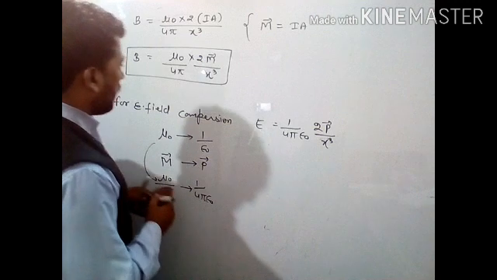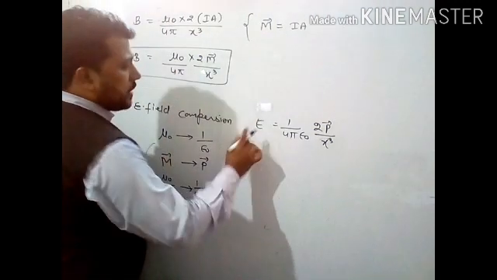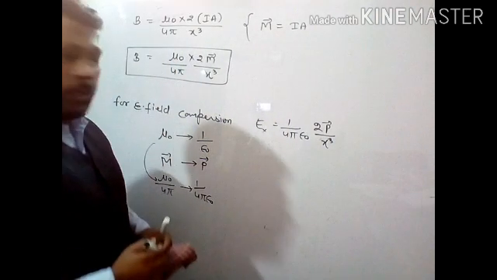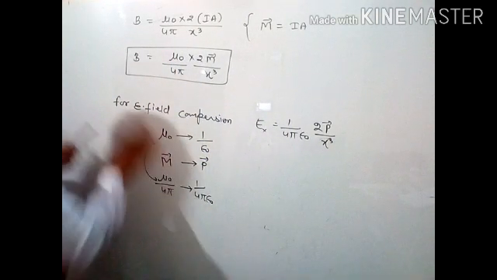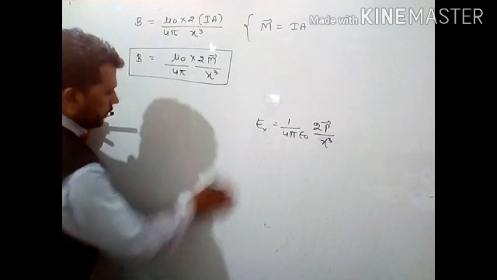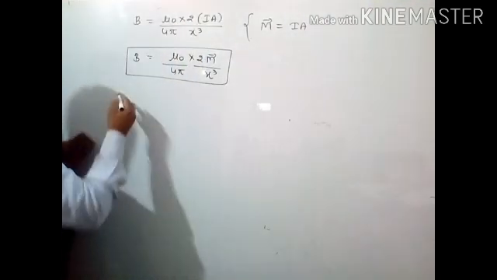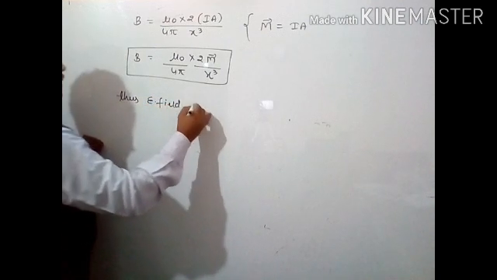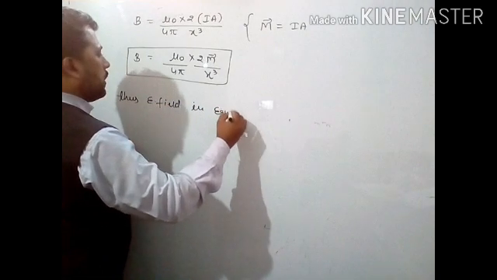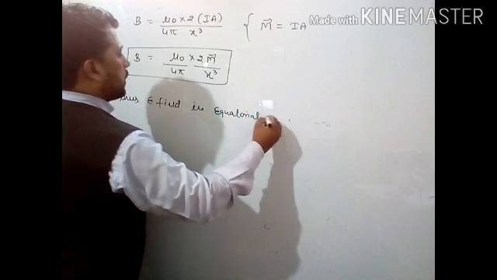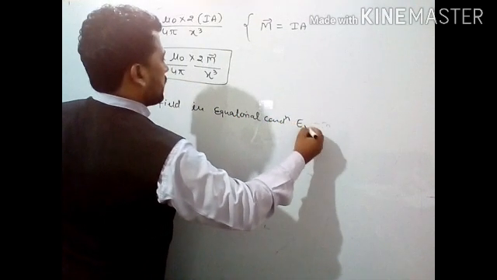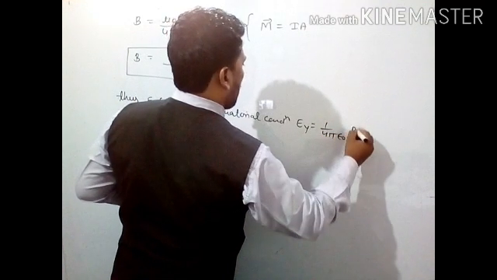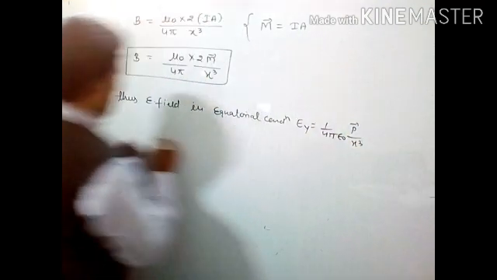So in the same process, the electric field on the x-axis will be 1 by 4 pi epsilon naught 2p by x cube. In the same way, the electric field in the equatorial condition is Ey equals 1 by 4 pi epsilon naught p by x cube.